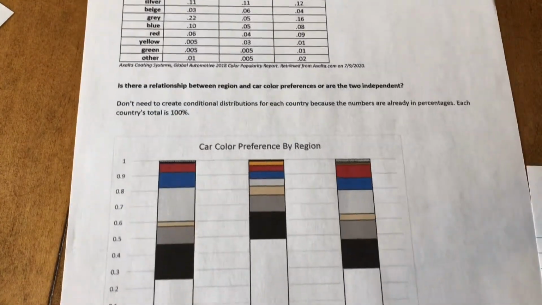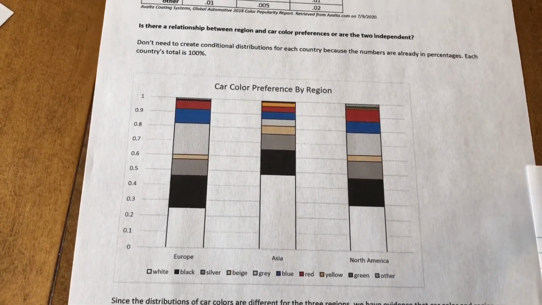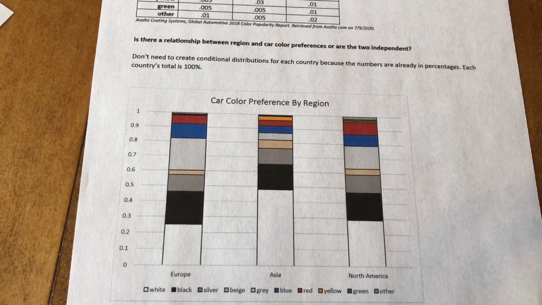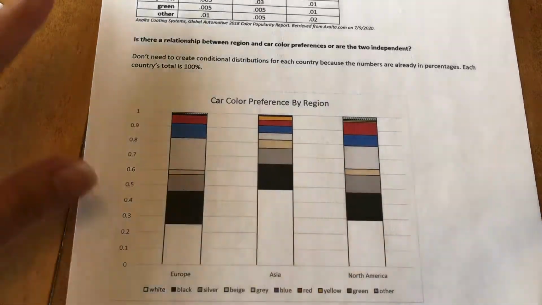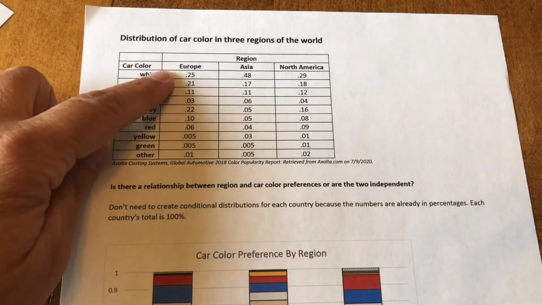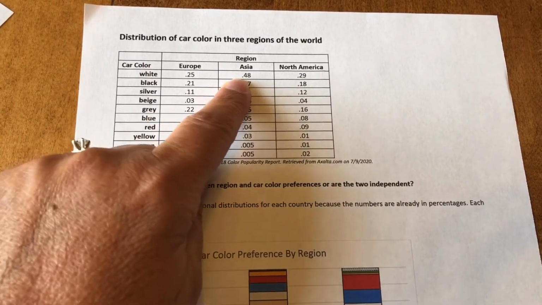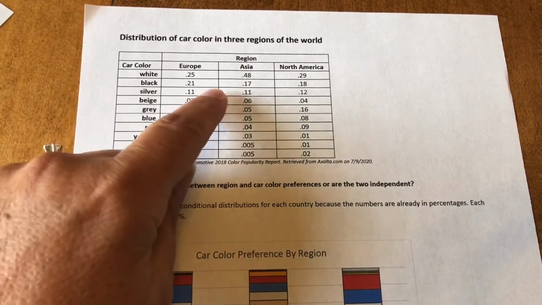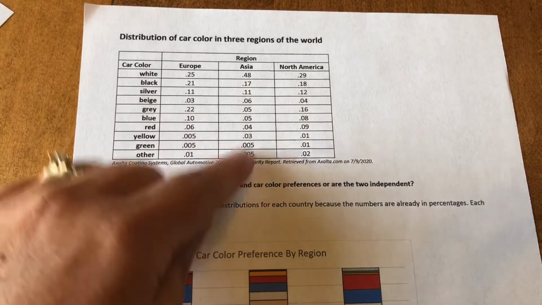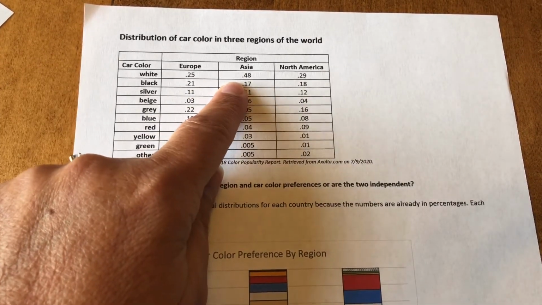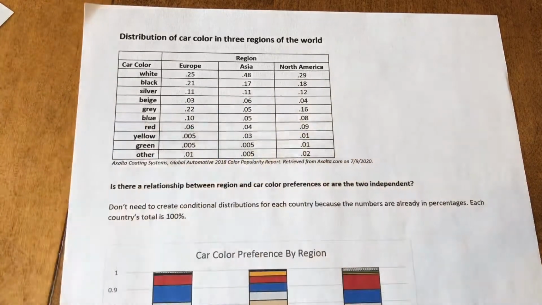So I went ahead and created a pretty segmented bar graph on Excel, and I matched the colors of the cars, okay? So clearly, let's look at Asia. 48% of the cars are white, and then all the other ones are pretty small compared to that. So black is the next popular at 17%, silver at 11%, so we can see that.